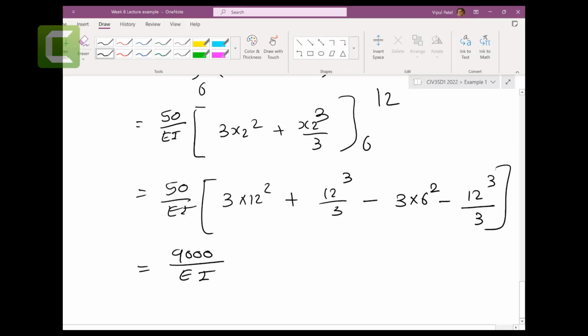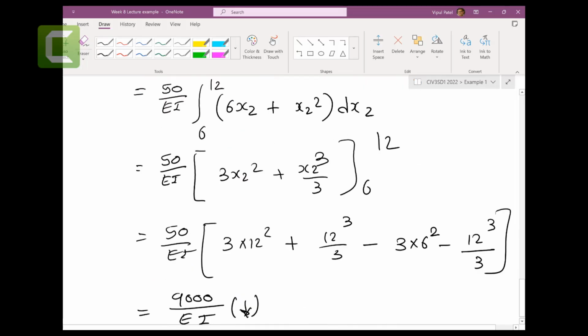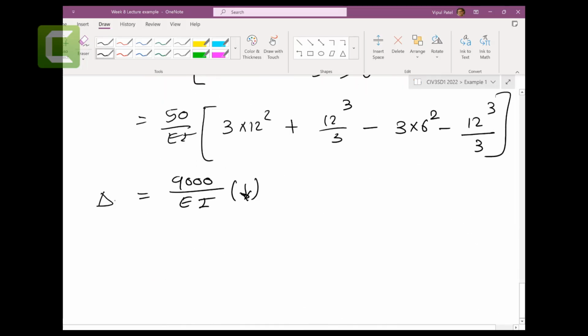So 9,000 over EI, and that's the displacement coming down. I can show you in the workshops where I got it wrong, so you will have the full picture. In the breaks I will find it out. So let's say delta B is 9,000 over EI. There is some calculus that I screwed up.